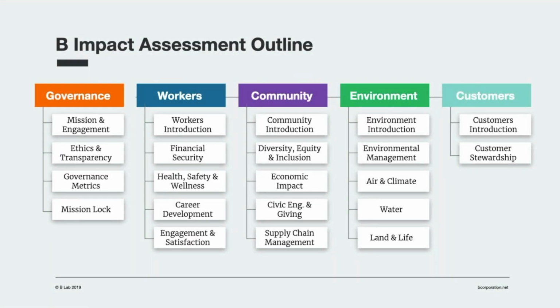There are 5 key impact areas in the B Impact Assessment, specifically governance, workers, community, environment, and customers. Each impact area can be divided in a number of topics that each cover a set of questions. For example, the community impact area consists of an introduction module and 4 topics: diversity, equity and inclusion, economic impact, civic engagement and giving, and supply chain management.